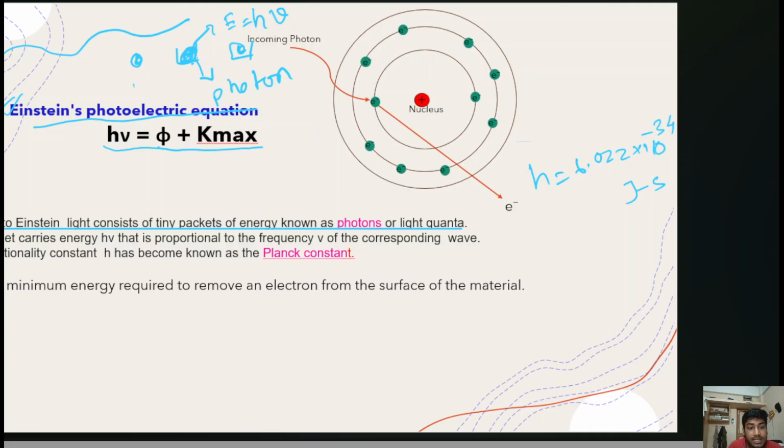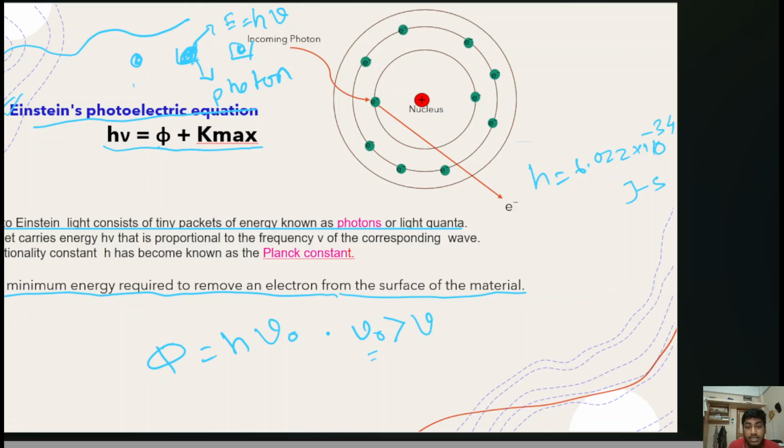And here is the phi. Phi is the minimum energy required to remove an electron from the surface of the material. So phi is equal to h into nu naught. I have discussed earlier what nu naught is. If the incident radiation has frequency nu less than the threshold frequency nu naught, then the photoelectric effect does not happen.